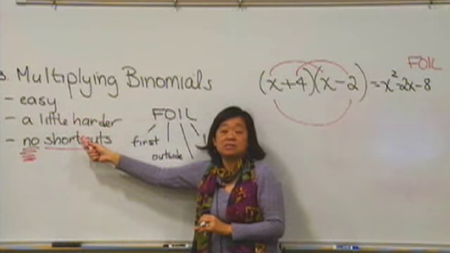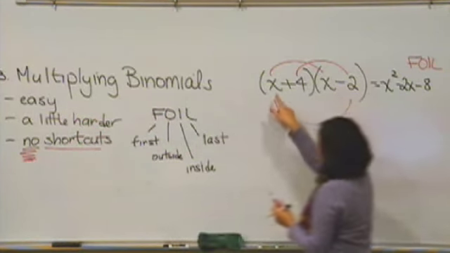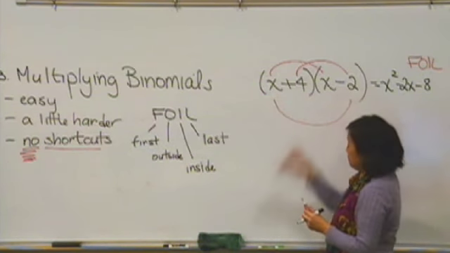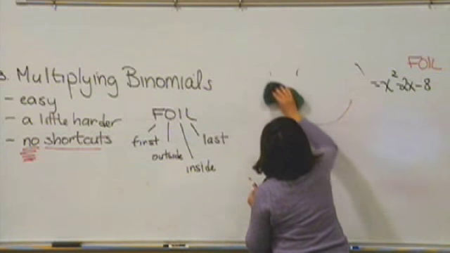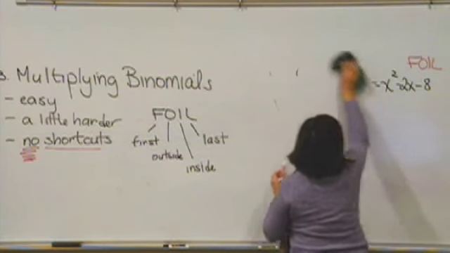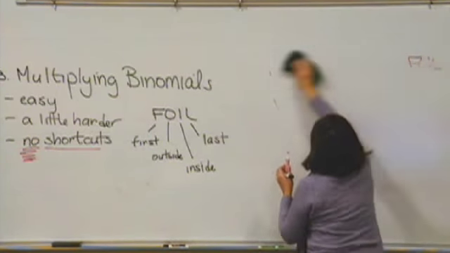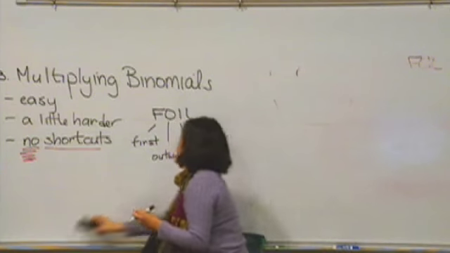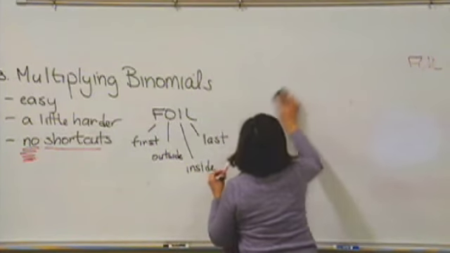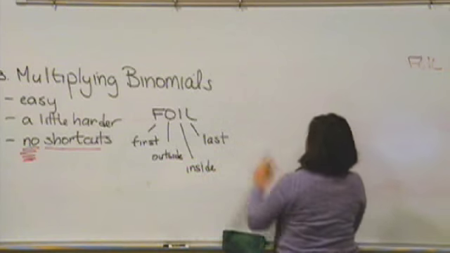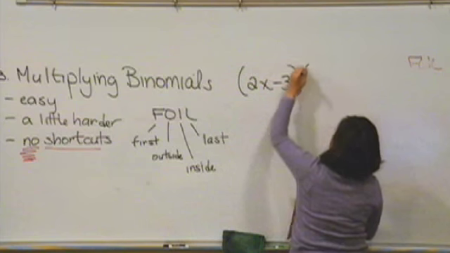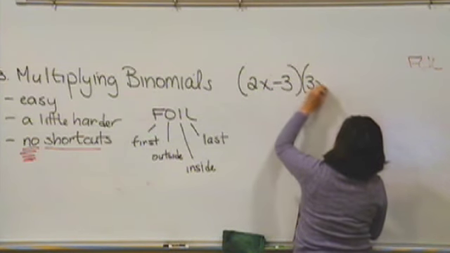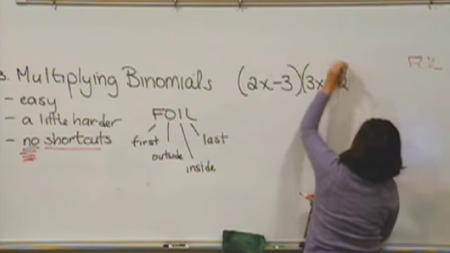I want to do one that's a little harder with you, one where we might have a number in front of the x, just to make sure that that won't hang you up in any way. So what if we had something like 2x minus 3 times 3x plus 2?